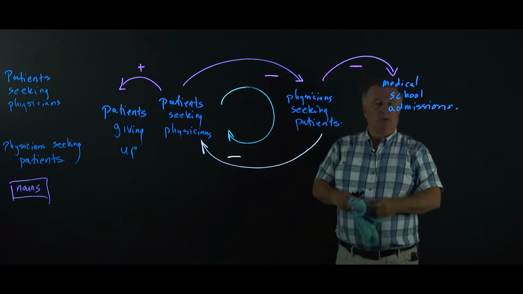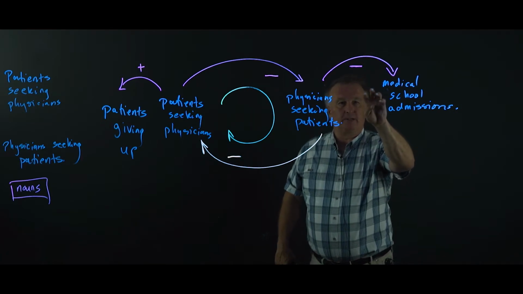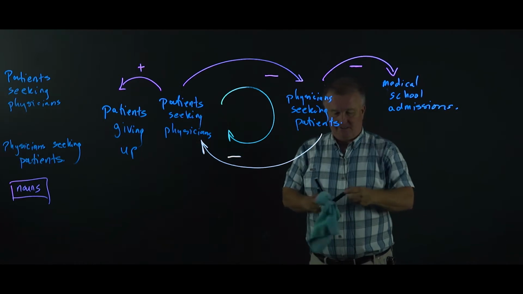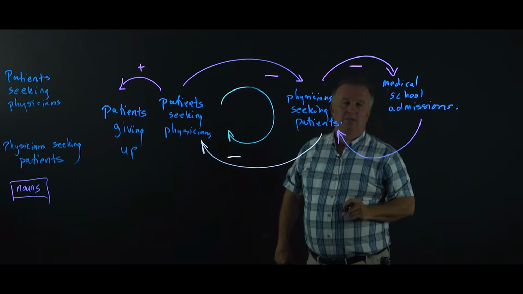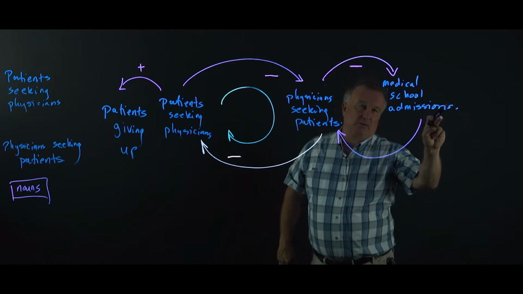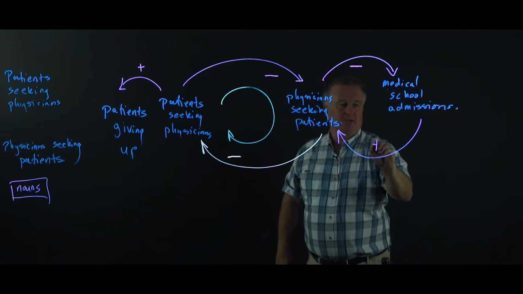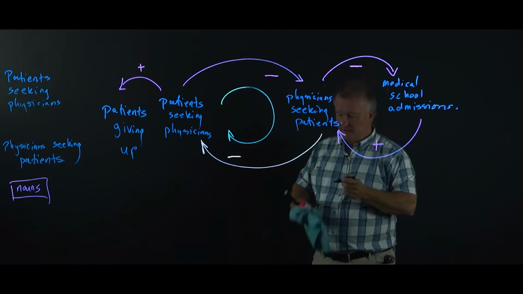And we also know that if the number of people going through med school goes up, it will translate into more physicians seeking patients. So if med school admissions and graduation go up, the number of physicians seeking patients will go up. Okay?